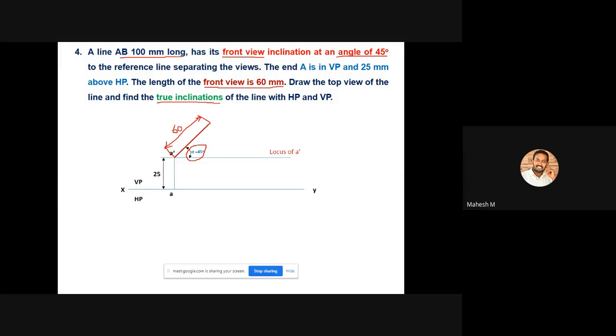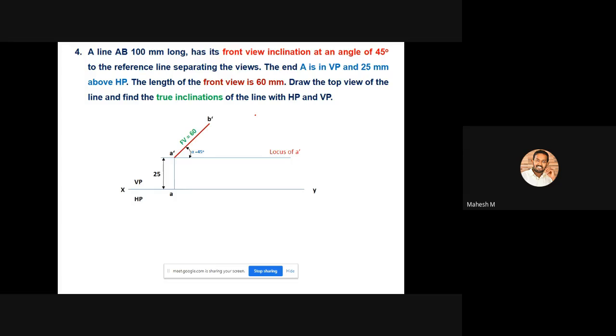So the end point of this front view will be marked as B dash. Okay, so the line has been marked with the angle of 45 degree and the length of 60 mm. So the notations are A dash and B dash.